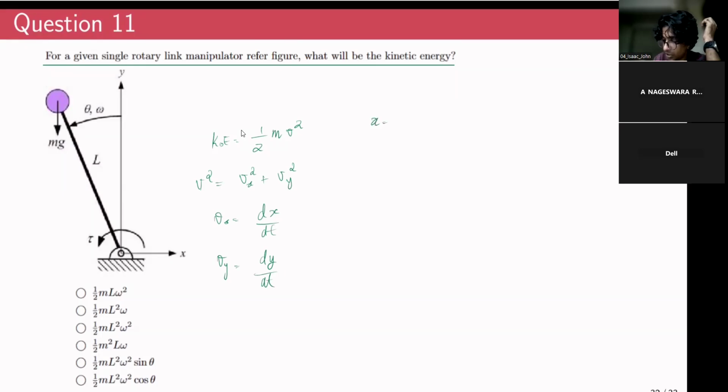We know the x position of the point mass is minus L sine theta, and the y position would be L cos theta. So dx by dt would be minus L cos theta multiplied by theta dot, by the chain rule, and dy by dt would be minus L sine theta, theta dot. This is Vx and this is Vy.